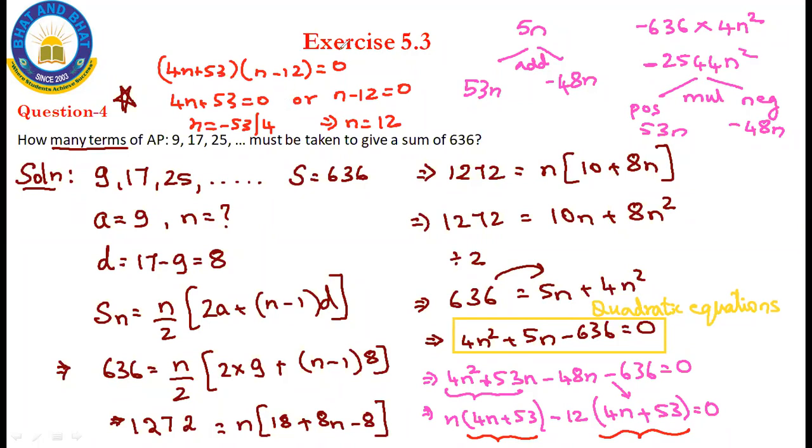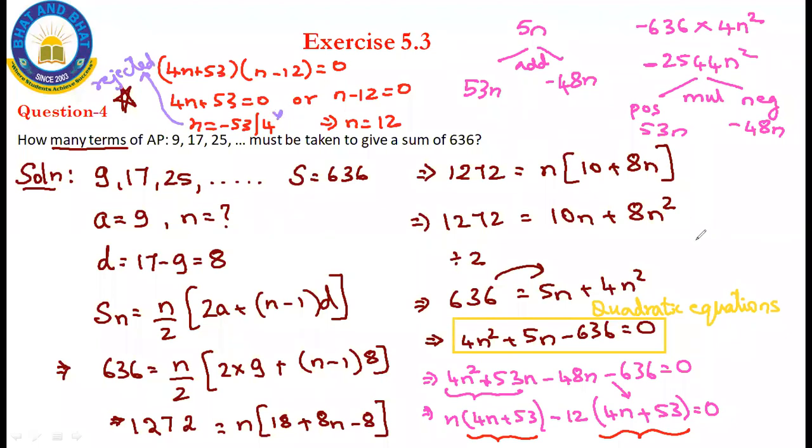But what should I say? This answer is rejected. Why? Anybody? This answer I must reject. Why should I reject this answer? Yes, I have got n as negative, and I have also got n as a fraction. Can the number of terms in an AP be a fraction or negative?